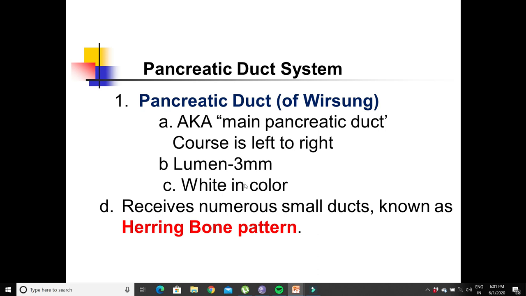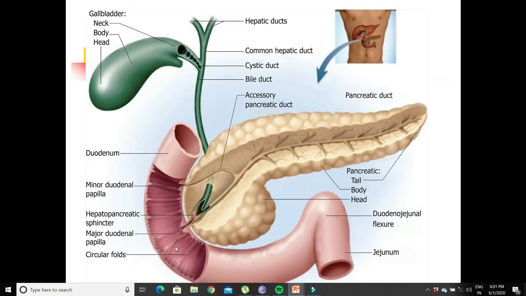The lumen is about 3 mm. Now it receives many small ducts which join at right angles to its long axis, and it forms a pattern that is known as herringbone pattern. You can see over here.